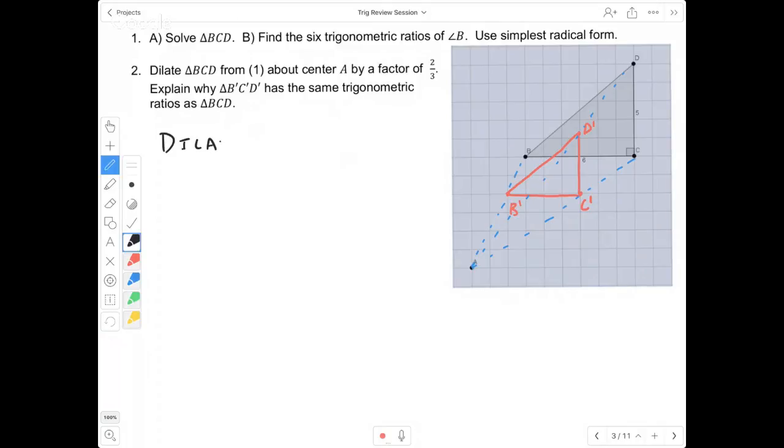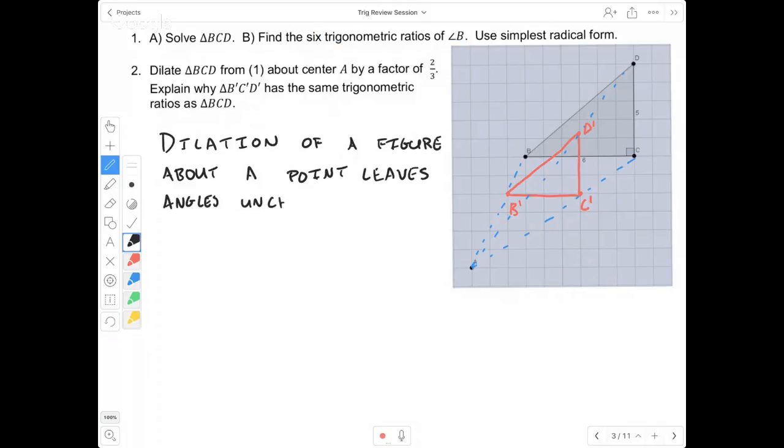So dilation of a figure about a point leaves angles unchanged and side lengths in the same ratio.